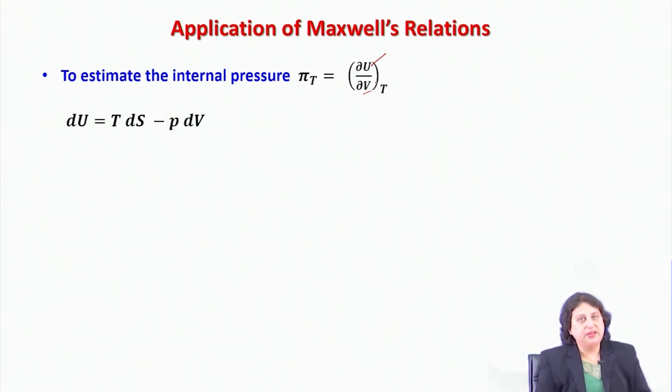So given this definition, we can now have a look at one of these fundamental equations of thermodynamics and look at how to use the Maxwell's relation to obtain an expression of pi T in terms of measurable properties of the system, irrespective of whether the system is an ideal gas or a real gas or a liquid or a solid.